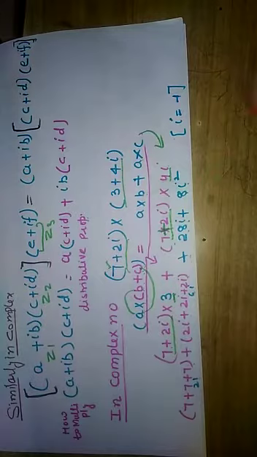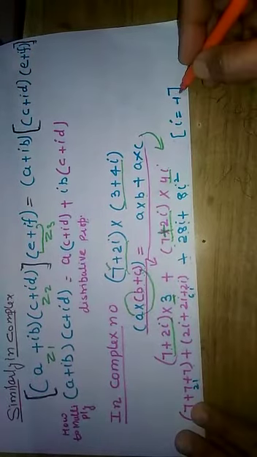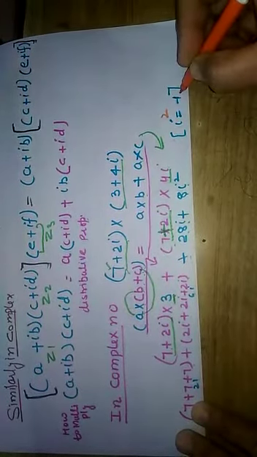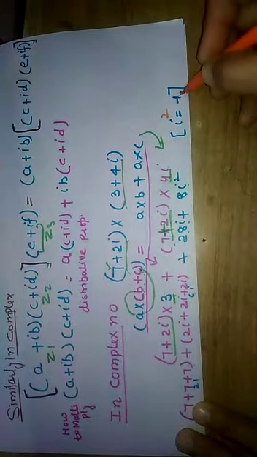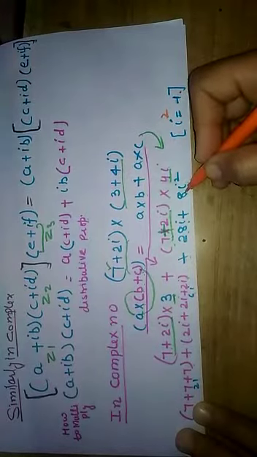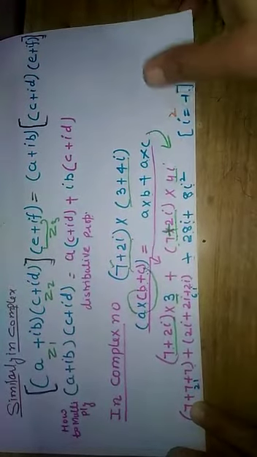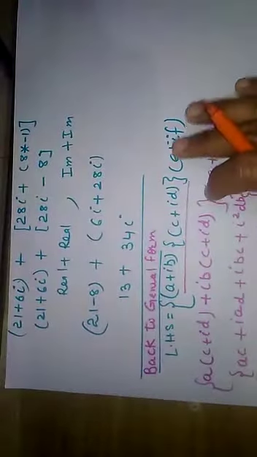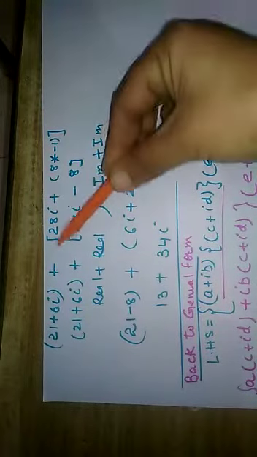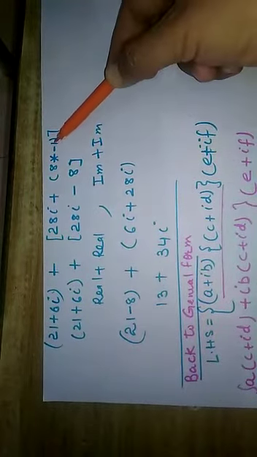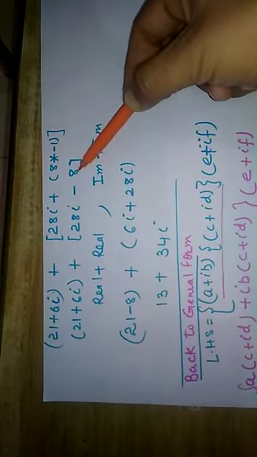I have told you iota square gives the value minus 1. Iota square is equal to minus 1. I will replace the value of iota square with minus 1. So 8 multiplied with minus 1, I will get minus 8. In this way I'm getting the result 28 iota and minus 8.